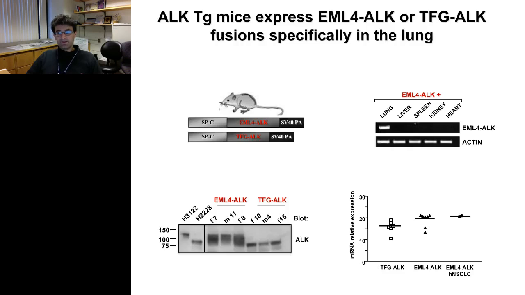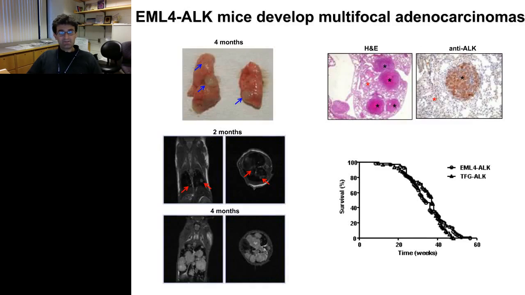So we thought that this model was pretty good, and indeed these mice develop tumors quite fast. After 4 months, they started to develop tumors in the lung. Here you see these masses that are much clearer and white compared to the pinkish lung parenchyma.